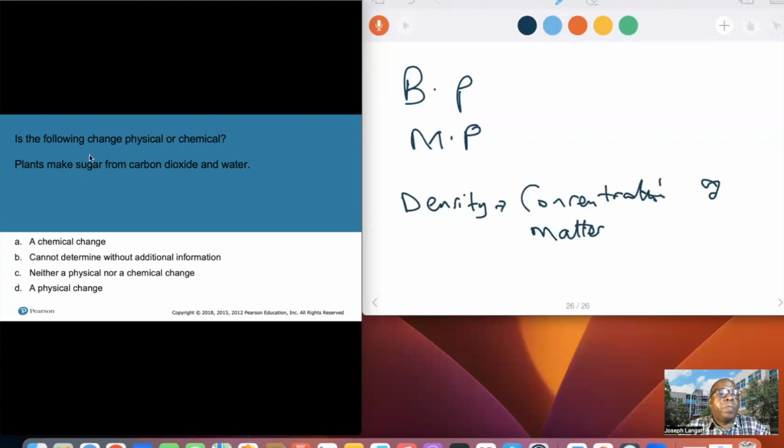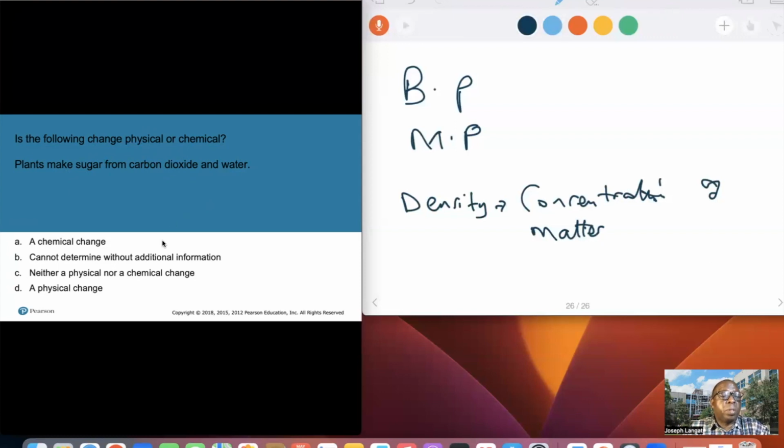Is the following change physical or chemical? Plants make sugar from carbon dioxide and H2O. Can we reverse the process once the plant makes sugar from CO2 and water? Is it reversible?